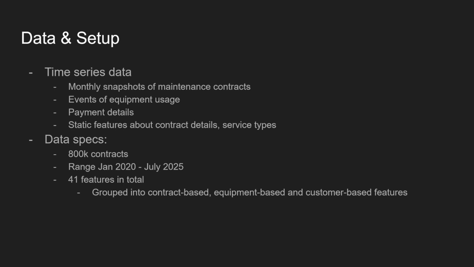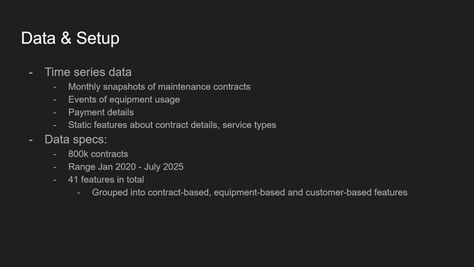About the data then, it's time series data consisting of monthly snapshots of these maintenance contracts. So one customer can have multiple contracts, and then one contract usually covers multiple equipment.